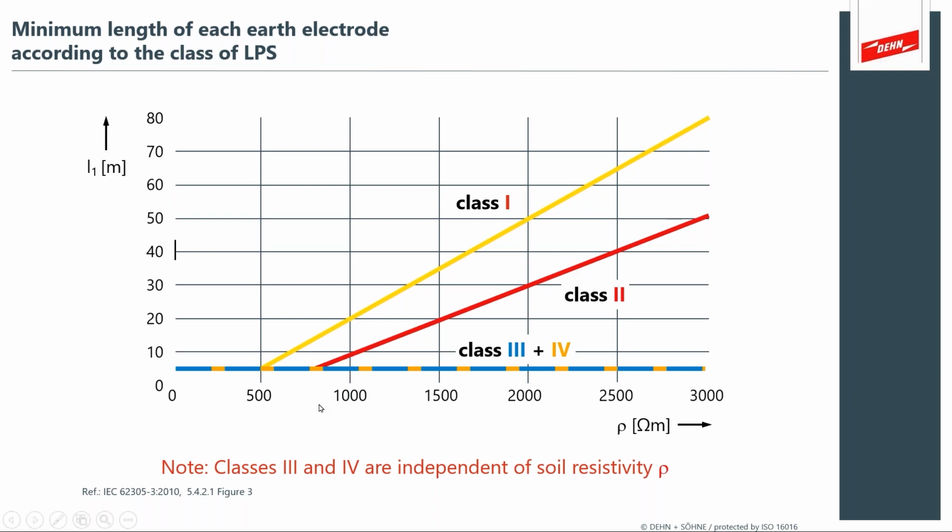So in a chart like this, what you can see is that in a class 3 type system, the maximum depth of the earth electrode is about 5 meters. That's the connection that you want into the soil. And it's pretty much regardless of the soil resistivity. You'll get suitable connection to the soil.